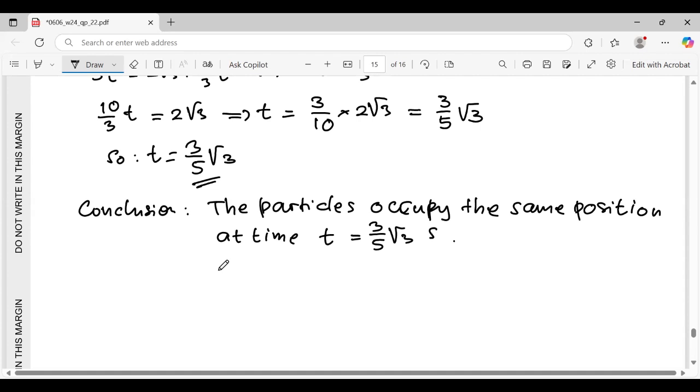So we can state that the particles collide. This is the conclusion.